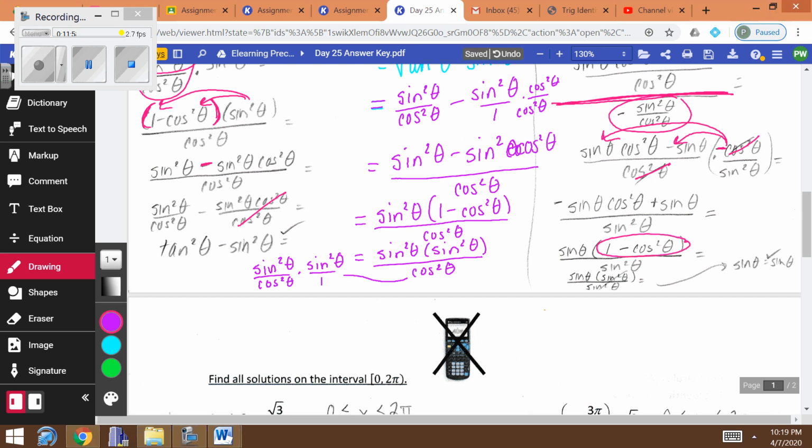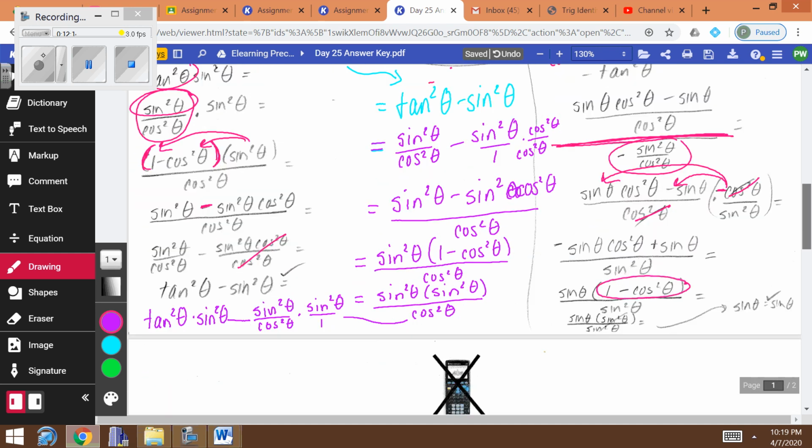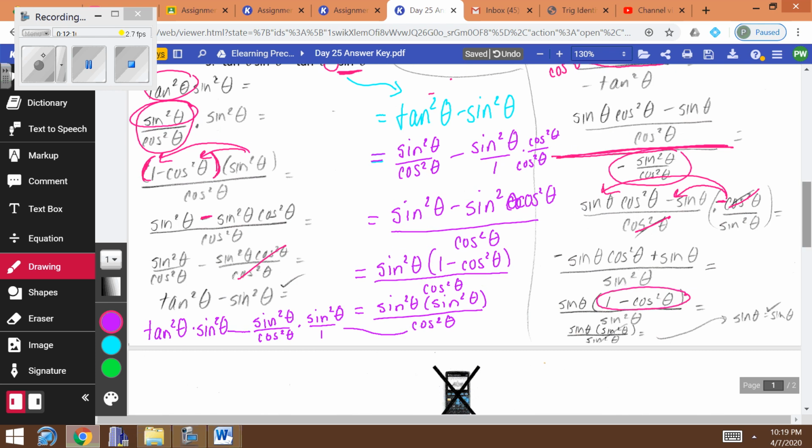Again, if that is over 1, that's equivalent. Now, sine squared over cosine squared is the tangent squared. Sorry, I'm just out of room here. But we get tangent squared and then times the sine squared, and that equals our left-hand side. Okay, so just another option for you if you worked with the right-hand side instead.